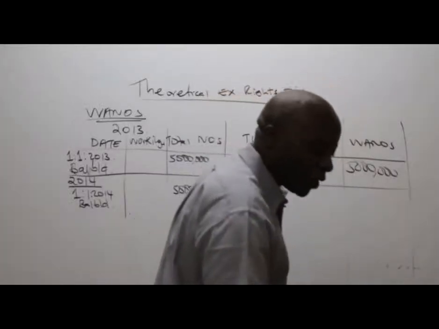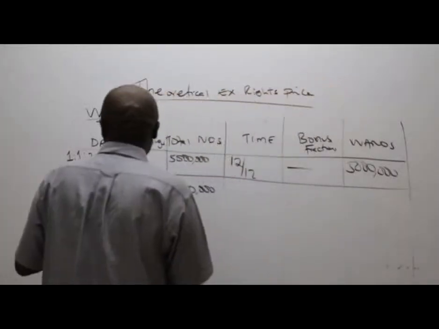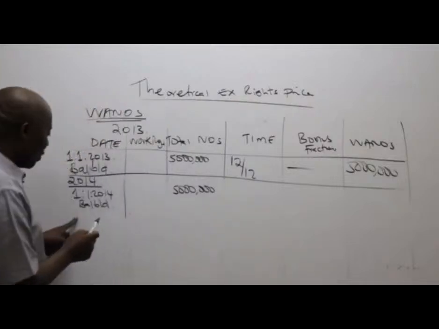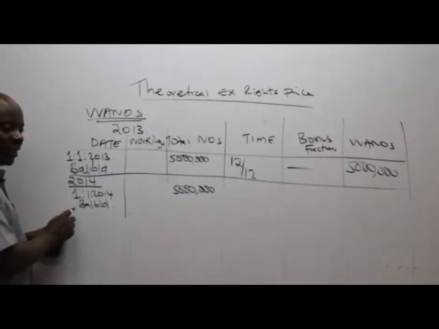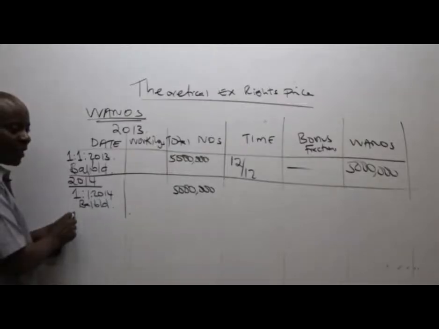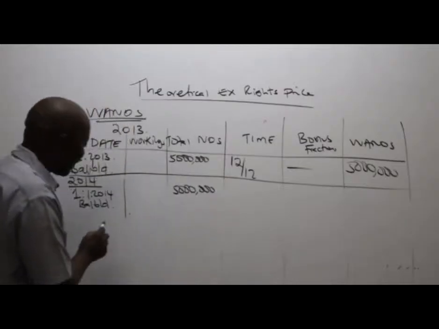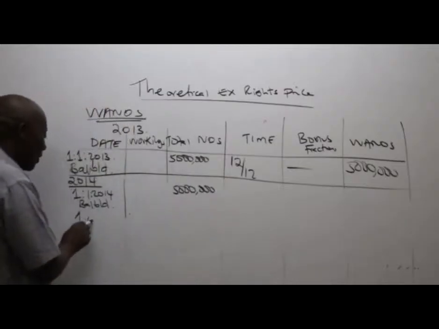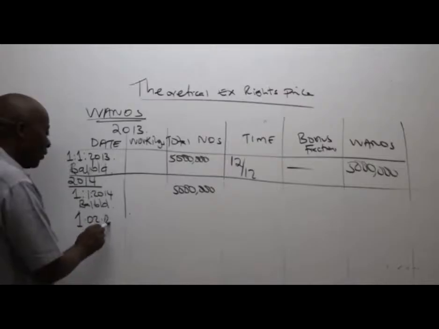So we have a very important date. Which date is this? Can somebody remind me the date of the rights issue? It is 1st February 2014. We had a rights issue.